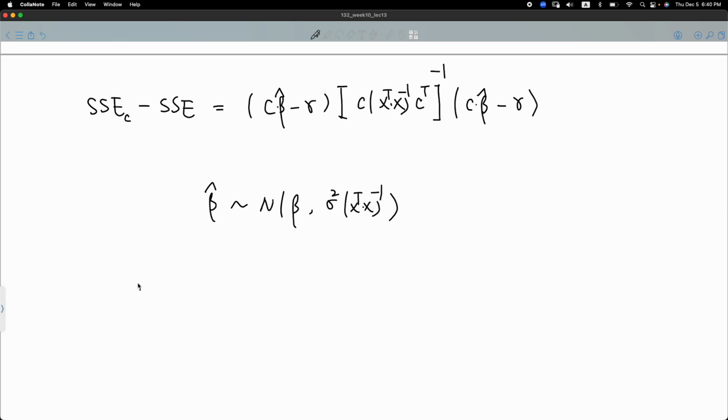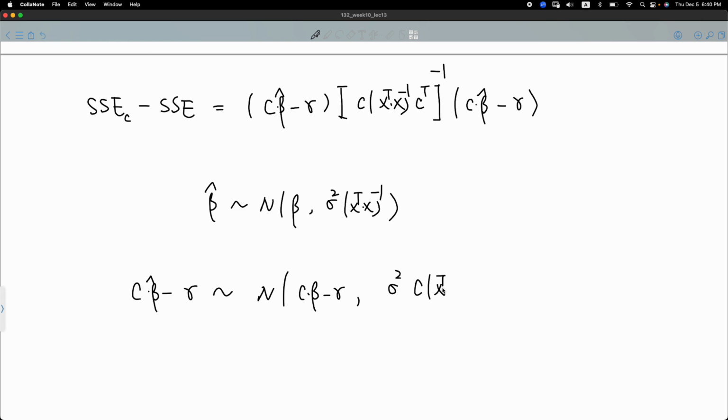And C beta hat minus gamma is nothing but a linear transformation of a normal random variable. So that means this part has a normal distribution with the true value C beta minus gamma, and the covariance is equal to the sigma square.